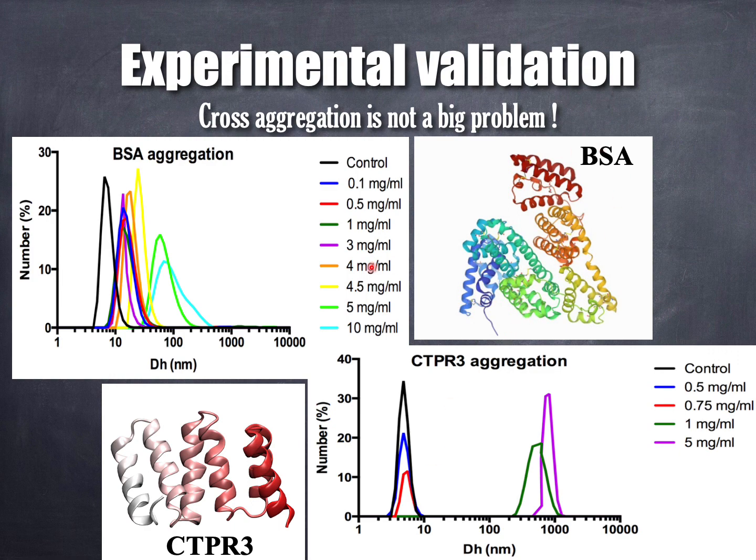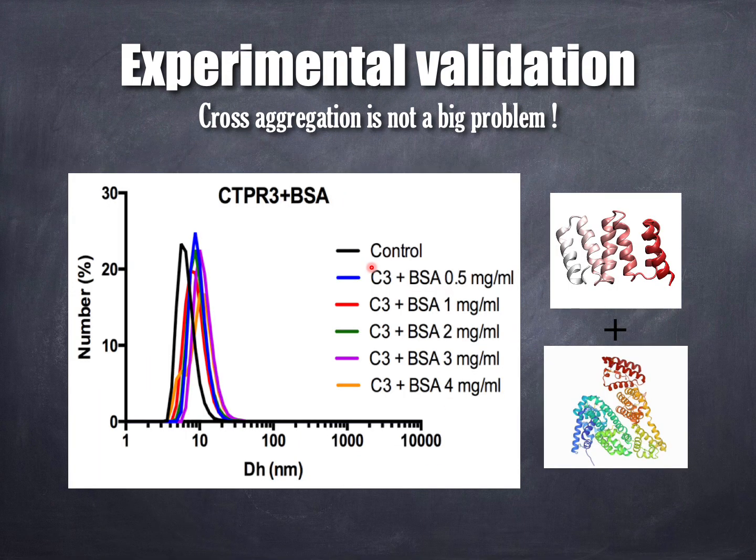presence of the BSA. So we basically repeated the same experiment we did in the simulation, and we added increasing quantities of BSA to a concentration of the CTPR below the aggregation concentration of the CTPR, so below 1 milligram per milliliter. And increasing concentration of BSA did not change at all the distribution of the aggregation in the system up to concentrations of 4 milligrams per milliliter, which were well above the CTPR aggregation limit.